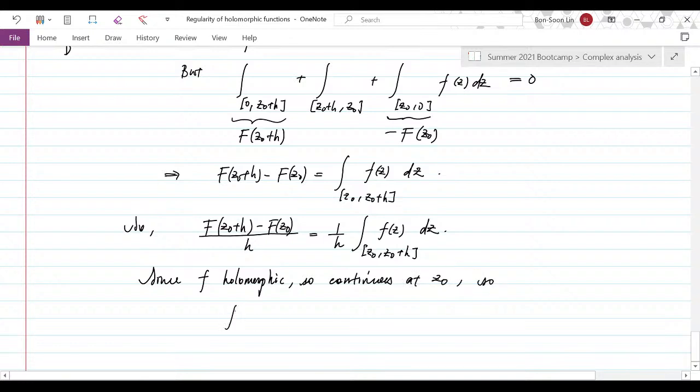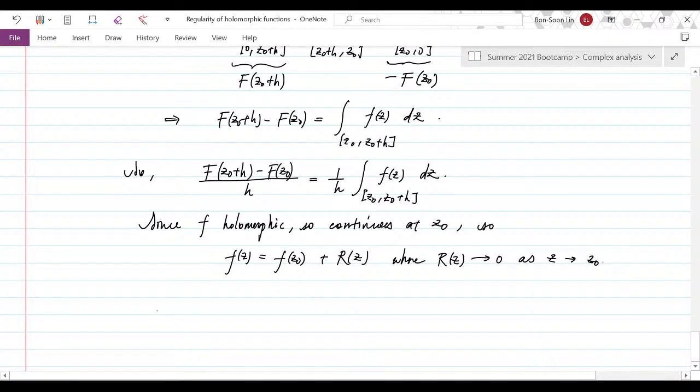So f of z is equal to f of z naught plus some function r of z, where this function r of z goes to 0 as z goes to z naught, right?